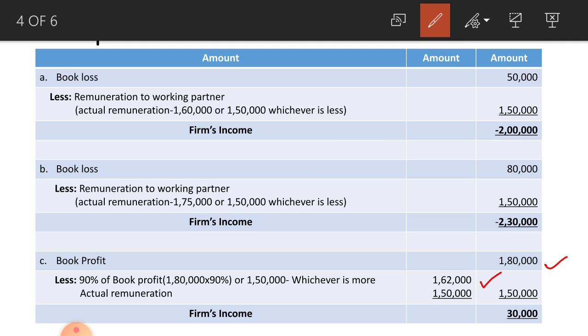Here 1,62,000 is more, so you consider 1,62,000, or actual remuneration 1,50,000, whichever is less you have to consider here.